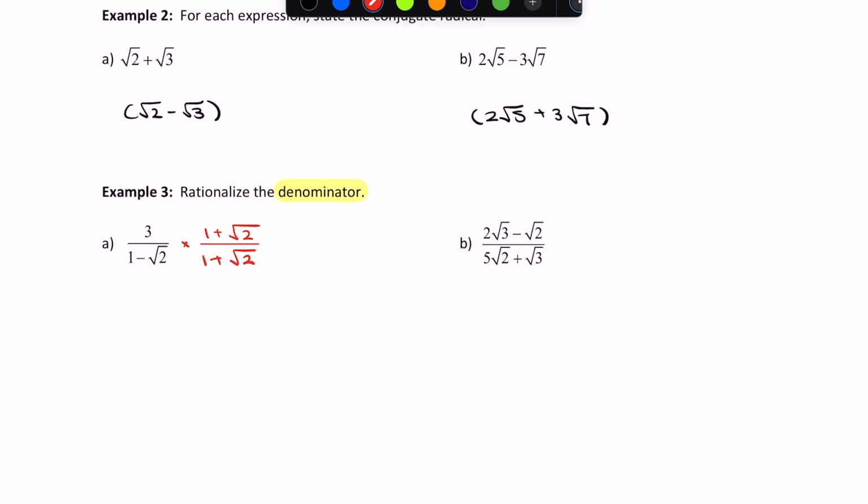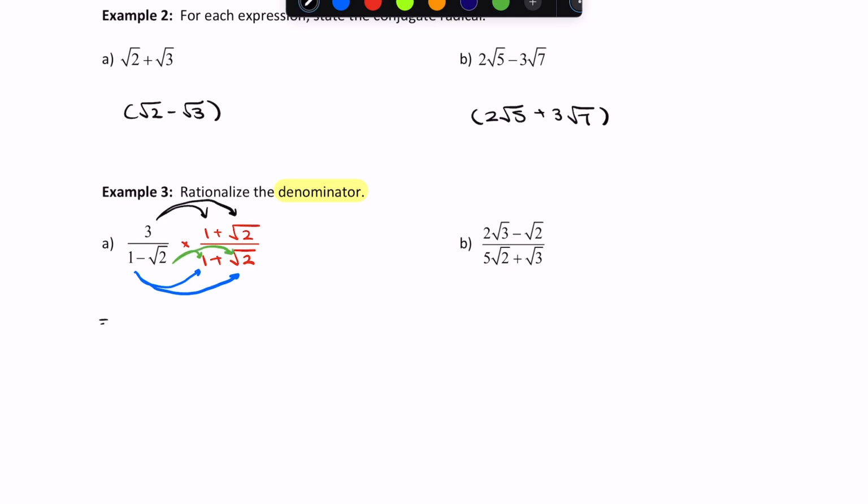So here, remember the 3 is multiplying to both the 1 and the square root 2. And same thing here. The 1 is multiplying to both the 1 and the square root 2, and the negative square root 2 is multiplying to both the 1 and the square root 2.